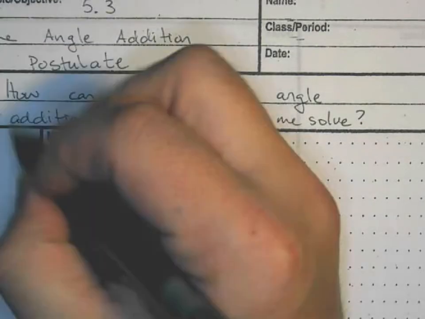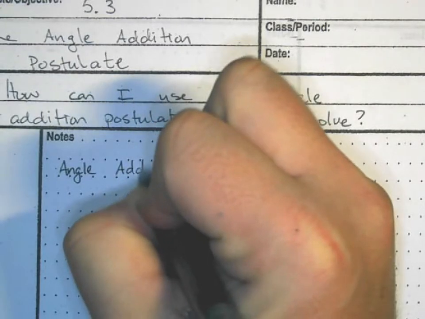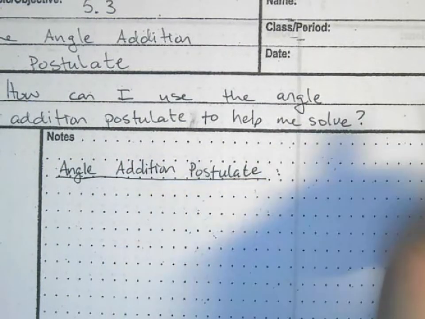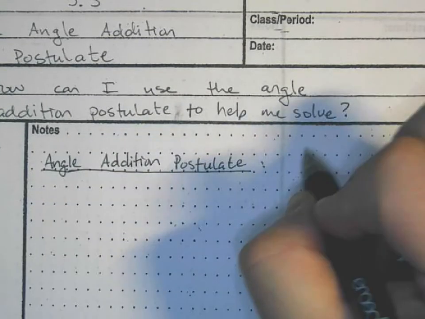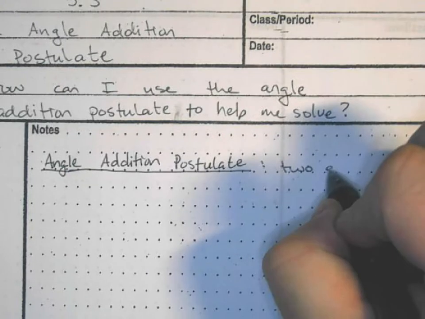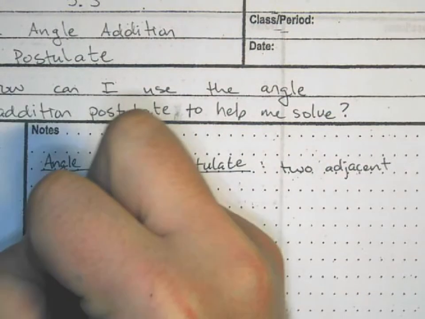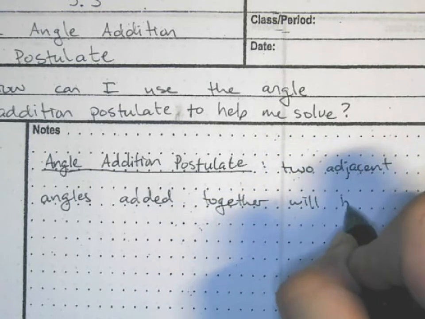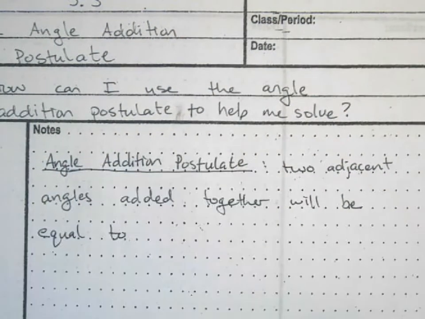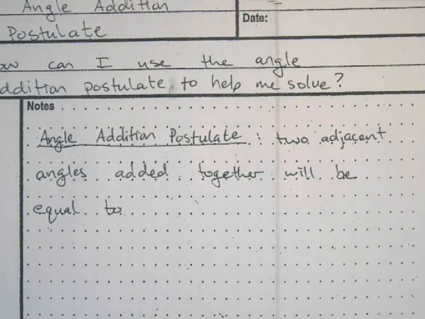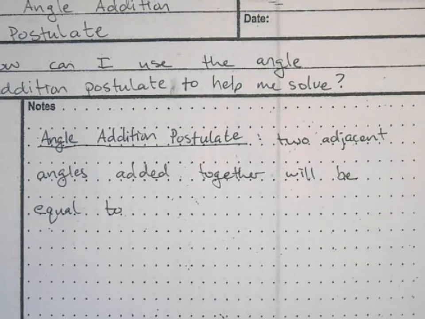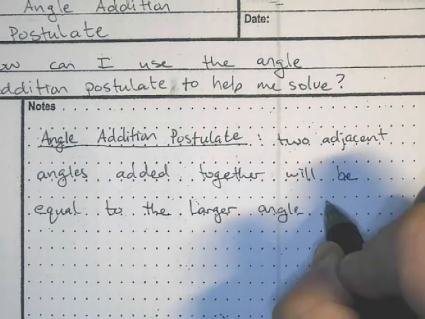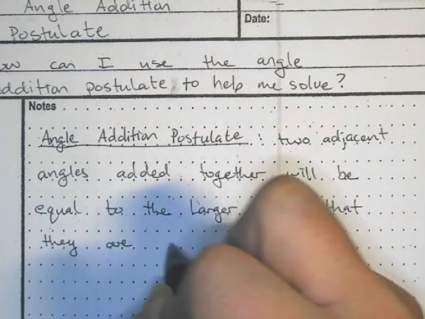And so what the angle addition postulate is stating is that two adjacent angles added together will be equal to the larger angle that they are a part of.